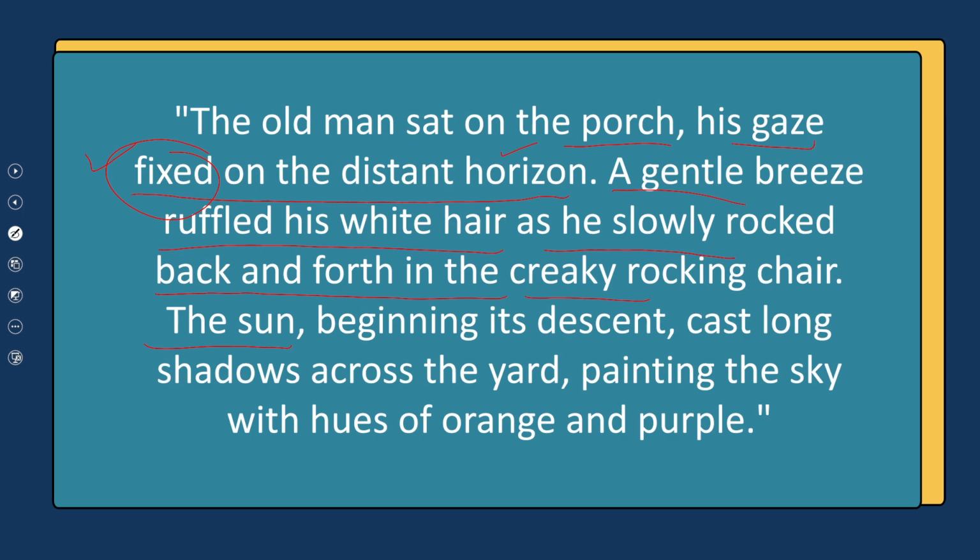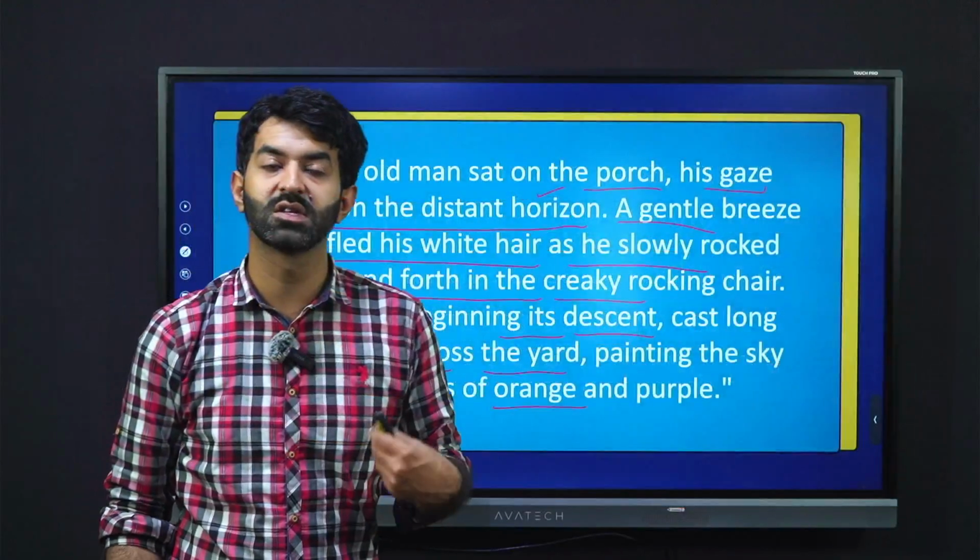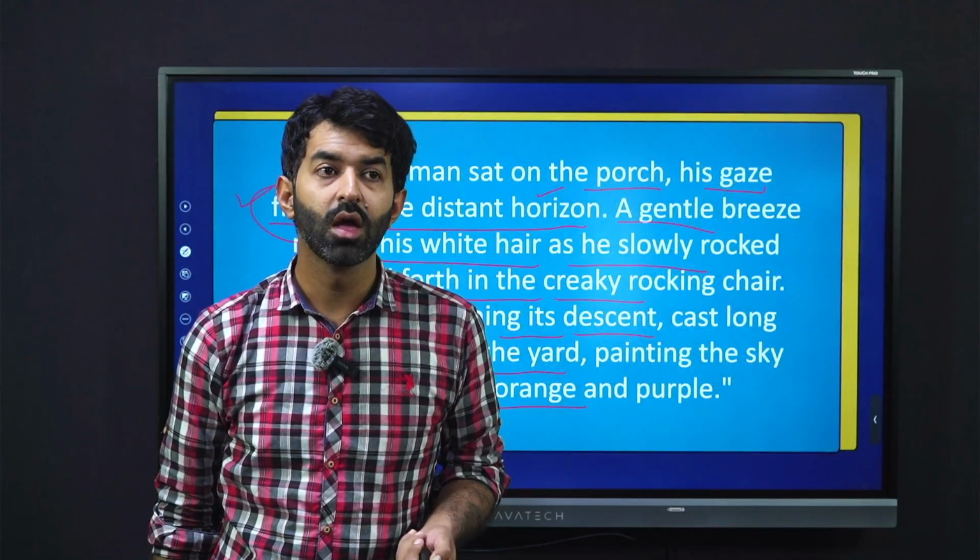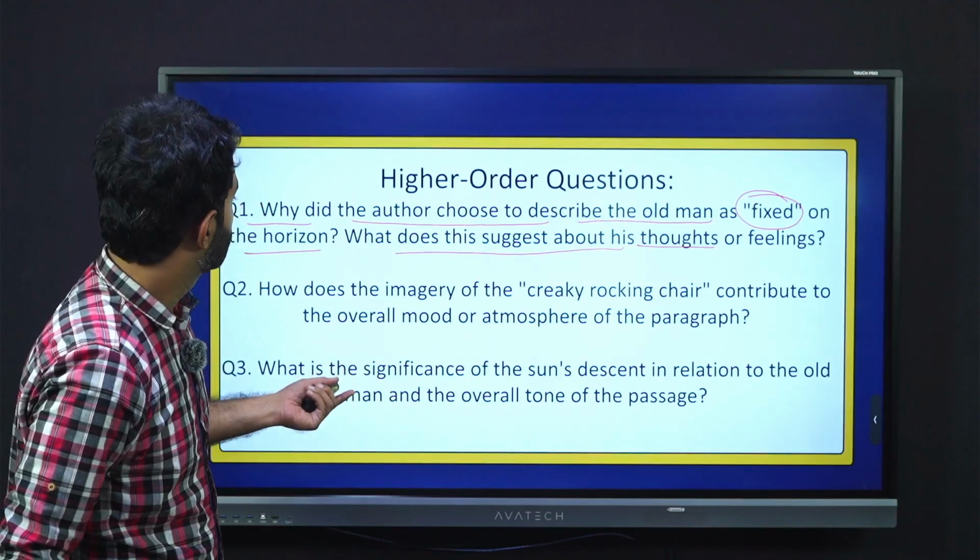The sun, beginning its descent, the sun is about to set, and it is casting long shadows across the yard, painting the sky with hues of orange and purple. So this is a very beautiful scene. This is descriptive. Now, let's talk about these questions.